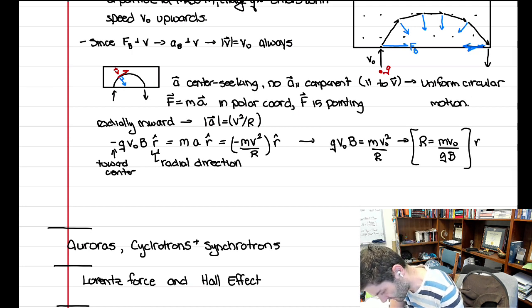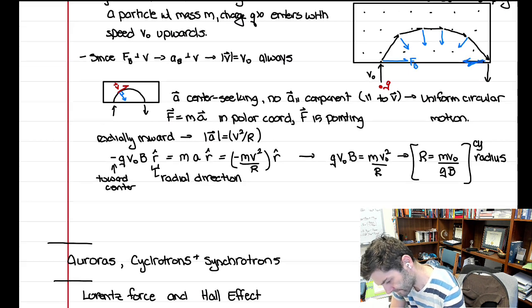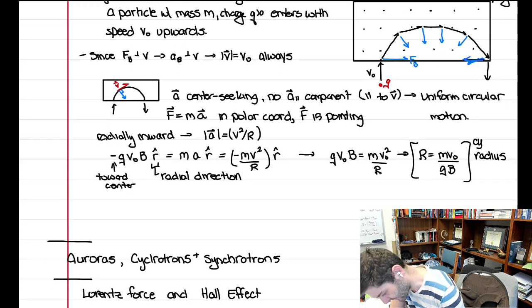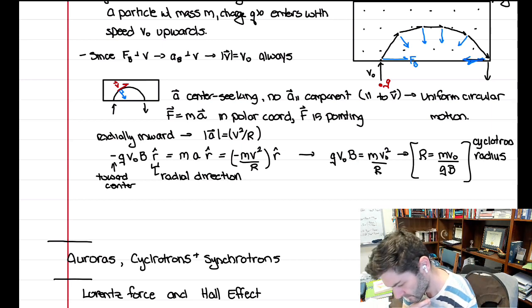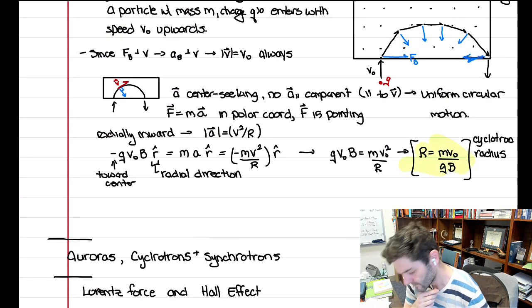The radius. Sometimes I think it's called the synchrotron radius. Or cyclotron radius, rather, sorry. Cyclotron radius. That's what I highlight.